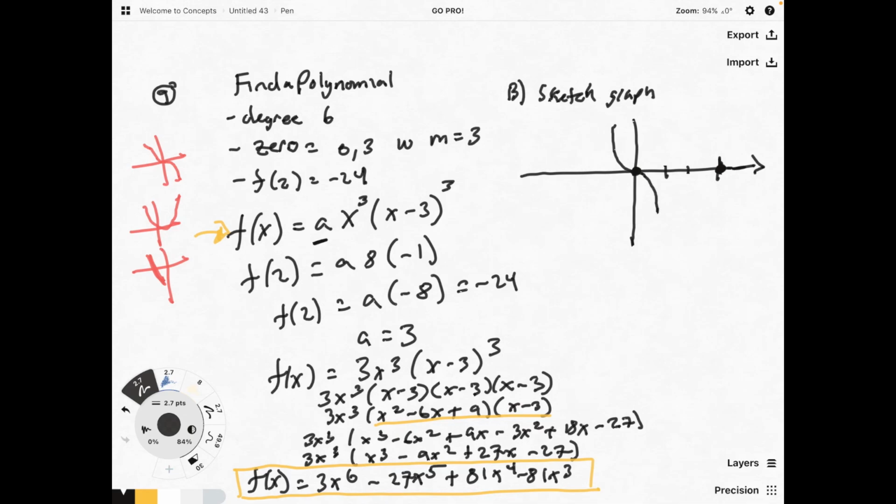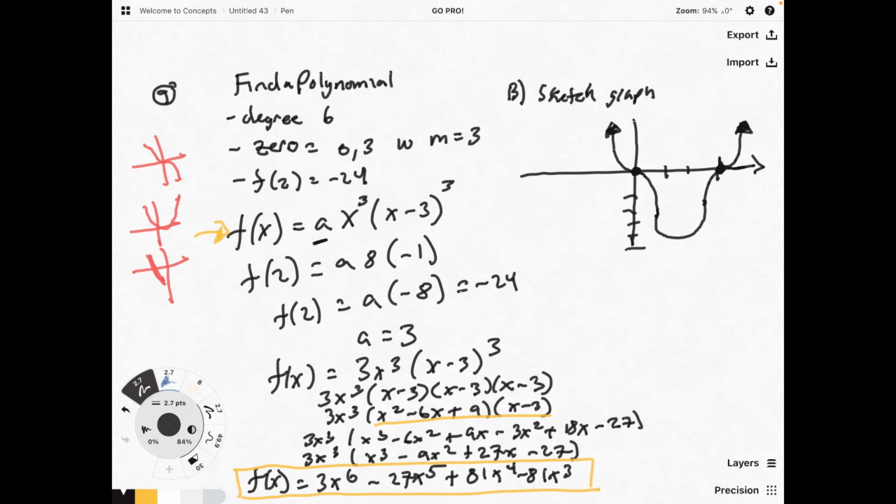And then we also know at 3, it's going to cross the x-axis, and it's going to have this slope, and then that's going to continue up. All we need to do is connect these lines. Now, with the information we have, we don't know how far this goes down.